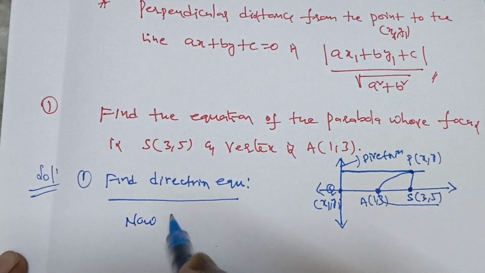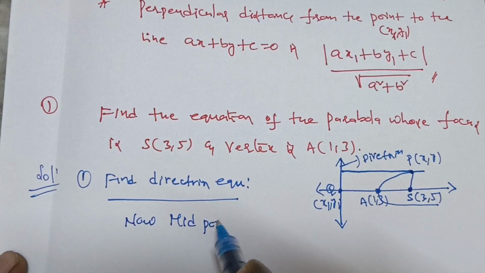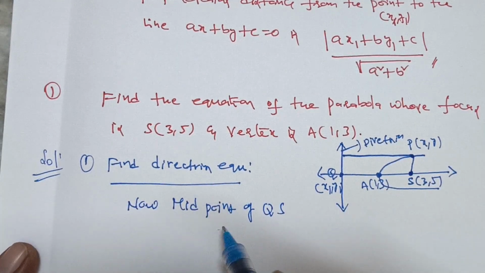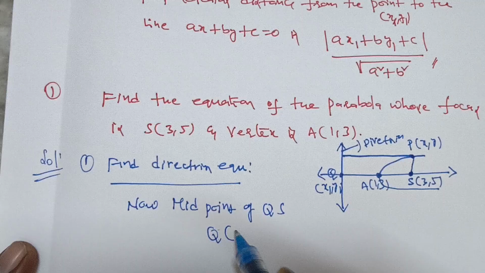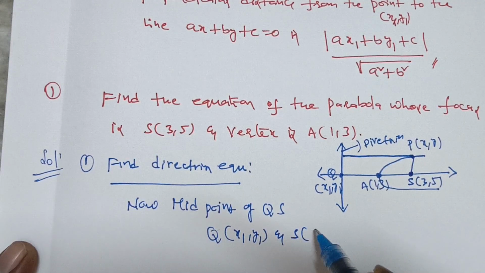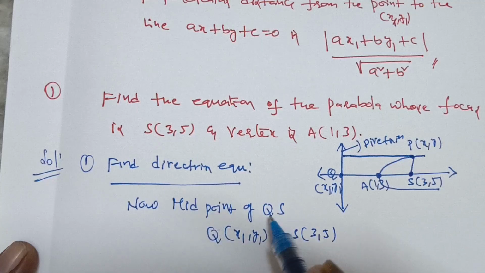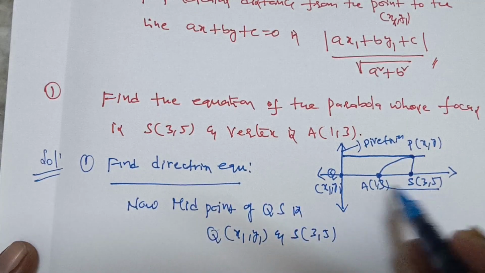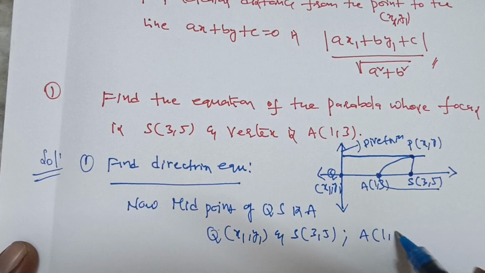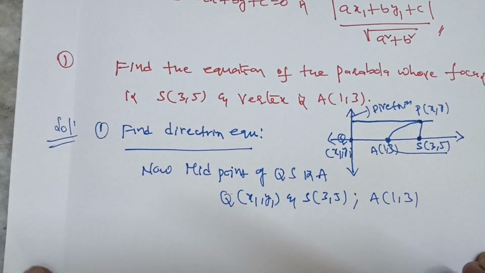Now the midpoint of QS. What are the Q coordinates here? Q is (x1, y1) and S is (3, 5). The midpoint of QS is A, which is (1, 3). We use the midpoint formula.